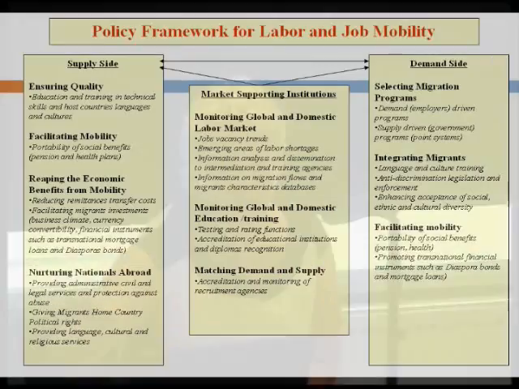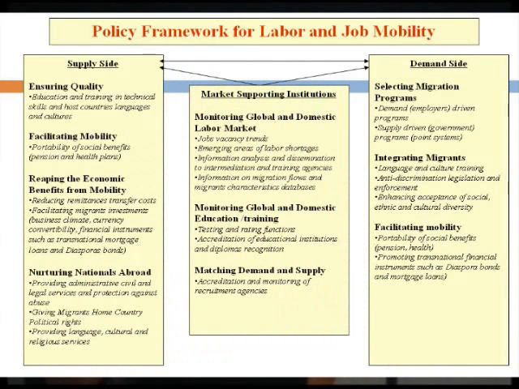Okay, so here's the policy framework for labor and job mobility, and I'll go very quickly. On the supply side, we have ensuring quality, facilitating mobility, reaping the economic benefits from mobility, and nurturing nationals abroad. From the demand side, we have selection of migration programs, demand, supply, integration of migrants, language and cultural training, anti-discrimination legislation and its enforcement, enhancing acceptance of social, ethnic, and cultural diversity, which is the societal challenge that many European countries are going to face in the future, and facilitating mobility.